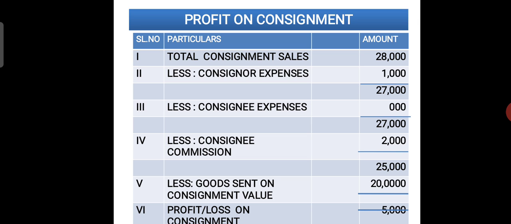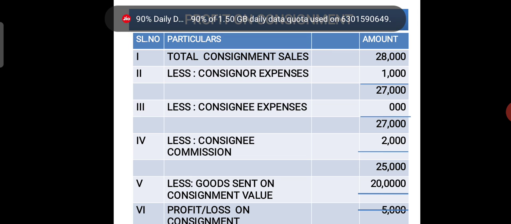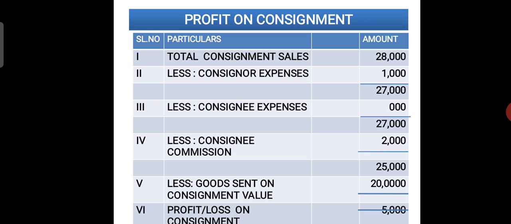So point 1, first we take total consignment sales, meaning consignee sales. Here consignee sold the entire stock for rupees 28,000. Then less consignor expenses. Here consignor expenses we deduct as the second point. Consignor paid forwarding charges of 1,000 rupees, that should be deducted, and we will get 27,000.